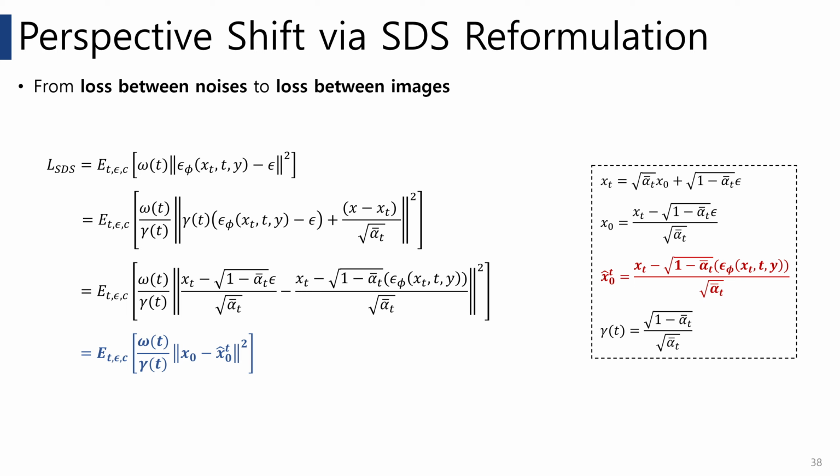By rearranging the existing equations without introducing any additional terms, the SDS loss can be expressed as the L2 loss between the rendered image x0 and the denoised image x hat, where x hat is obtained by removing the predicted noise epsilon phi from the noisy latent xt. This is represented by the equation shown in blue, highlighting the relationship between the rendered image and the denoised image.